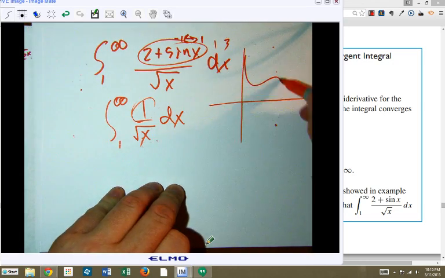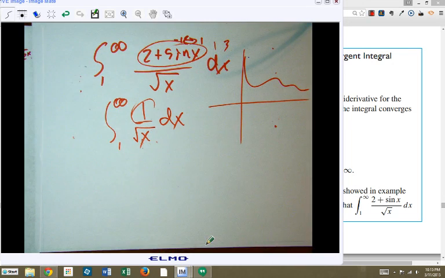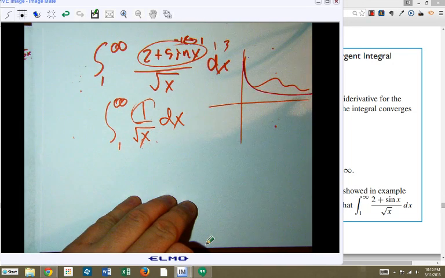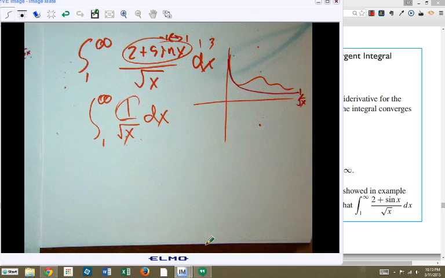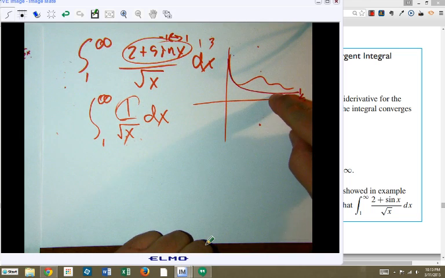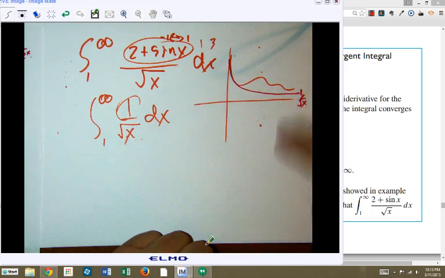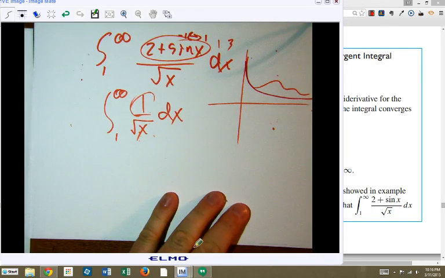So instead of having this, I can guarantee that my 1 over root x is going to be smaller. If this diverges, this has to diverge. If this converges, it doesn't tell me anything. I'd have to find something up above to see if it converged as well.